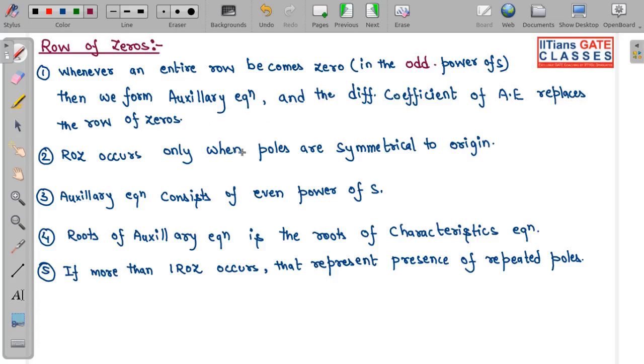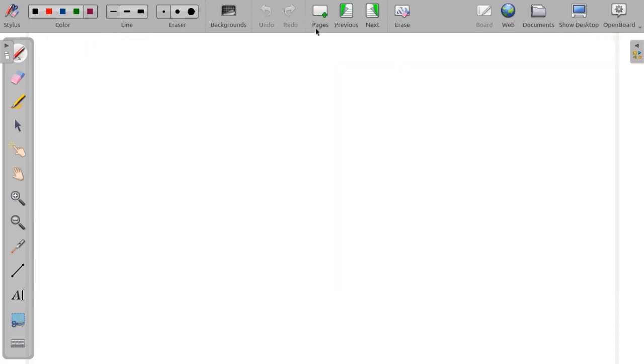Row of 0 occurs only when poles are symmetrical to the origin. The auxiliary equation, as I just told you, consists of even powers of s. Roots of the auxiliary equation are the roots of the characteristic equation, as I have discussed. If more than one row of 0 occurs, that represents the presence of repeated poles. Okay, repeated poles.